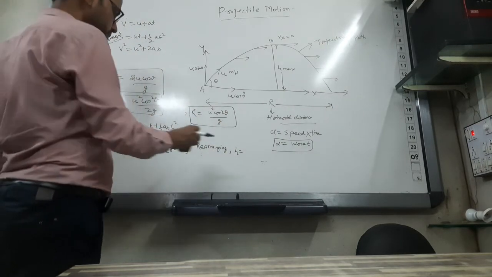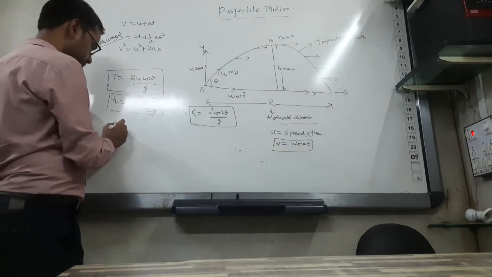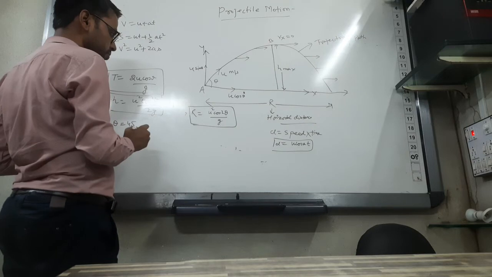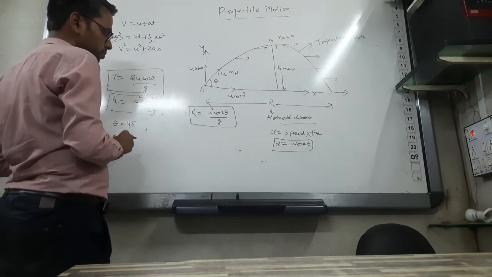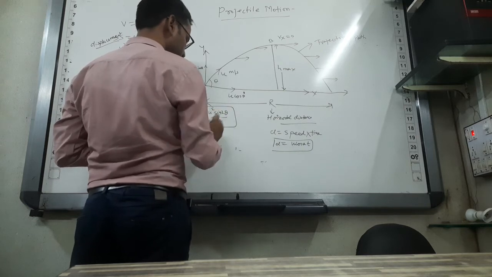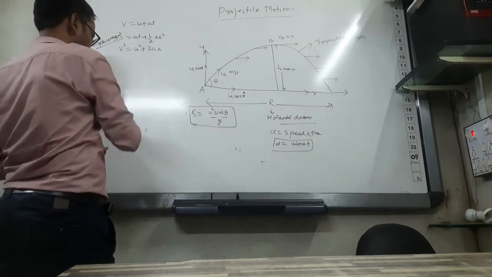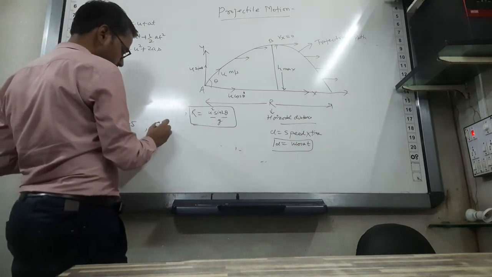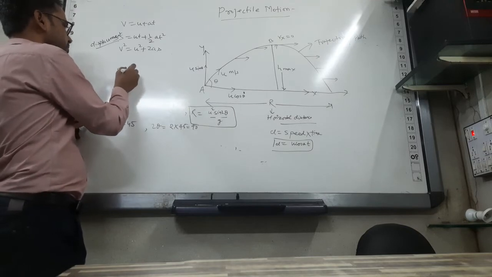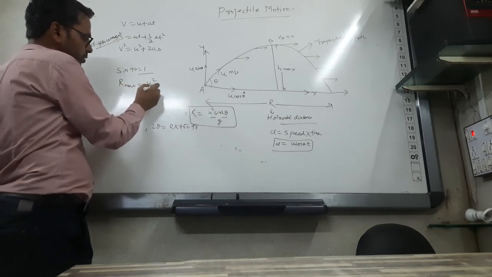Now suppose theta equal to 45 degrees, the value of R becomes sin 2 theta, sin of 2 into 45, which becomes sin 90 degrees, and the maximum value of sin 90 equals 1. So R maximum equals u square by g.